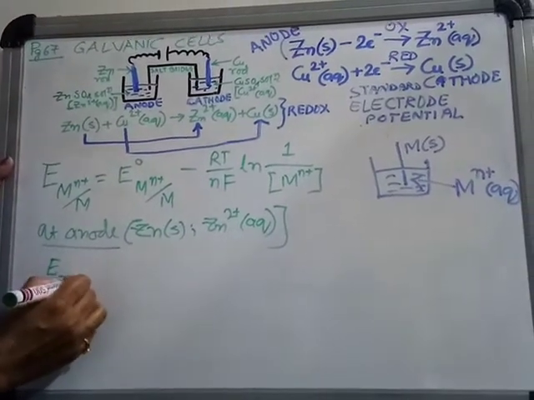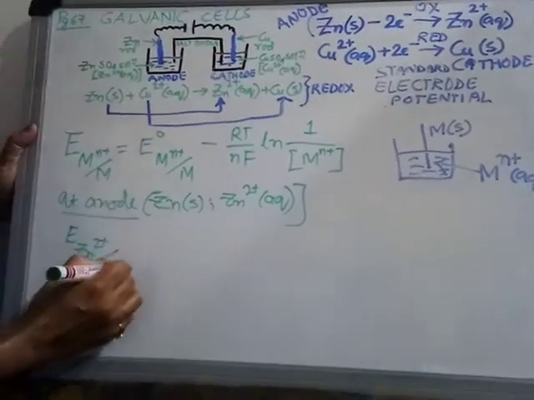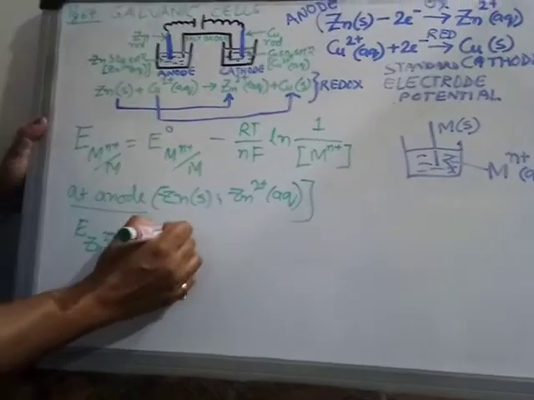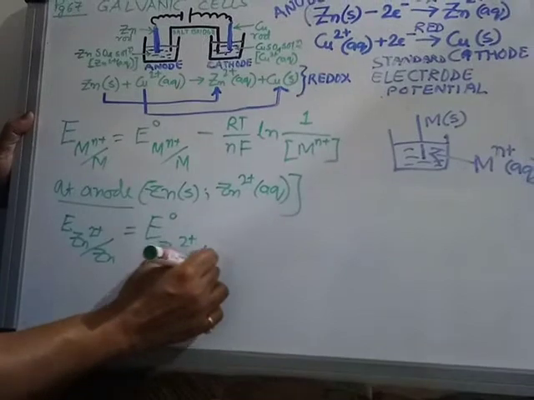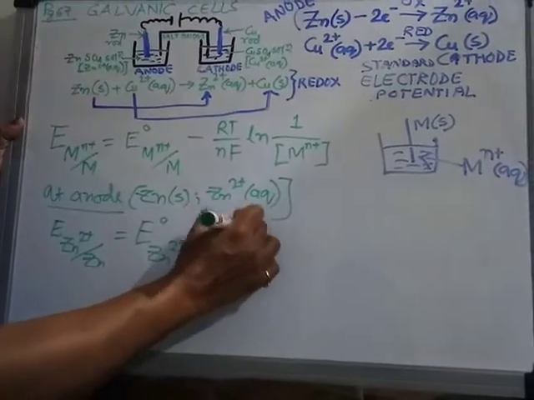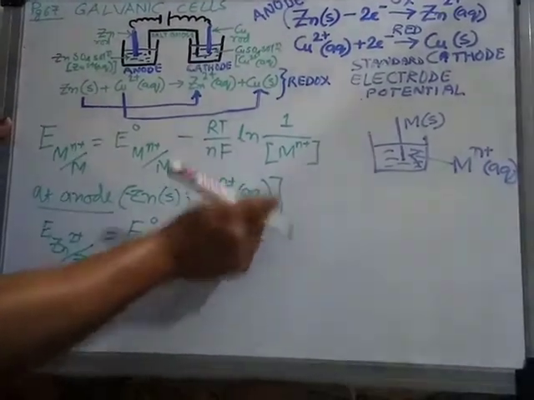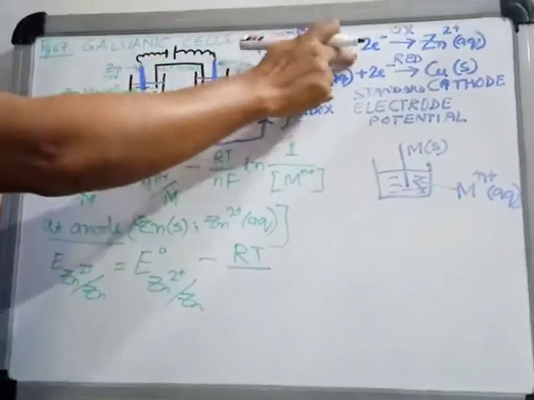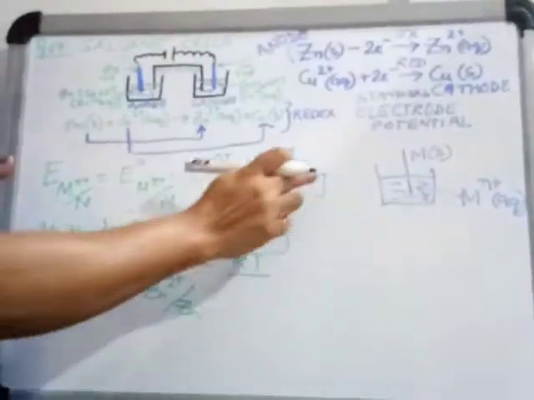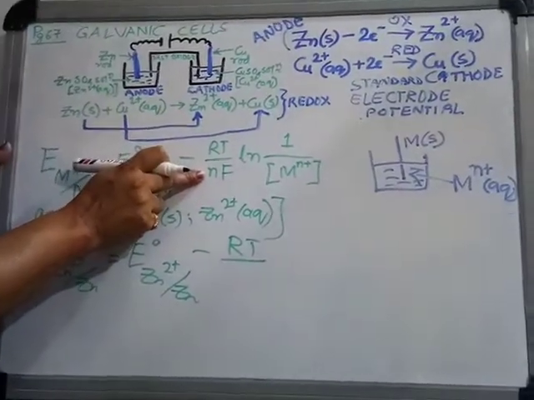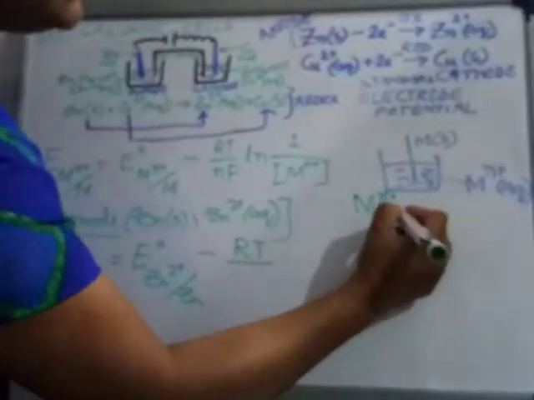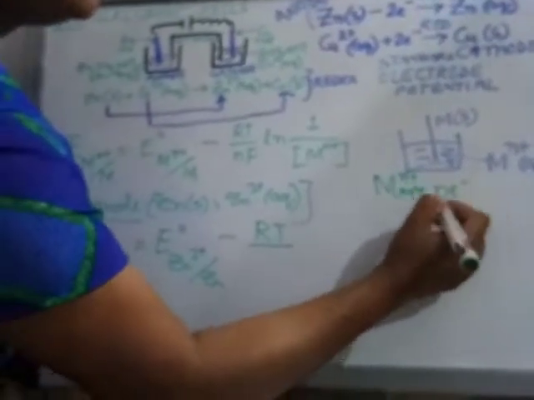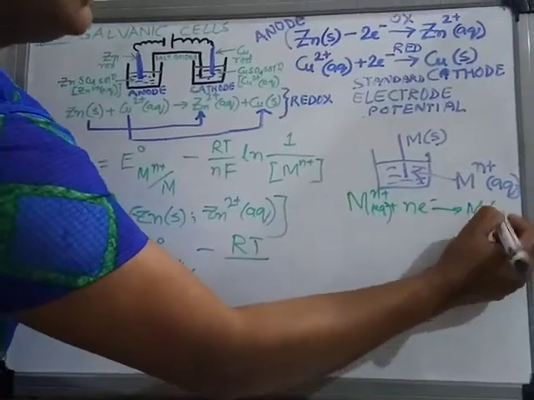E Zn2+/Zn is equal to E0 Zn2+/Zn minus RT divided by, now you see, n is the number of electrons, because if you remember, Mn+ aqueous plus n electrons gives you M solid.